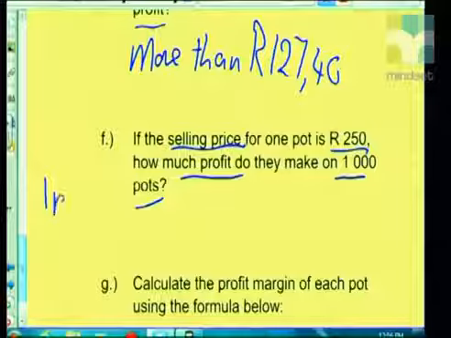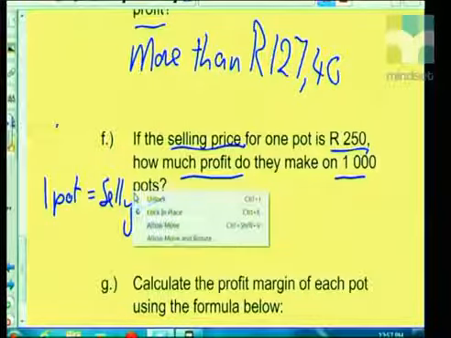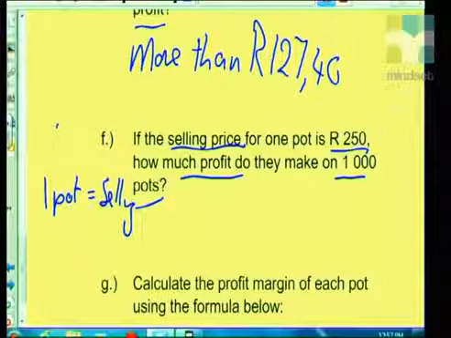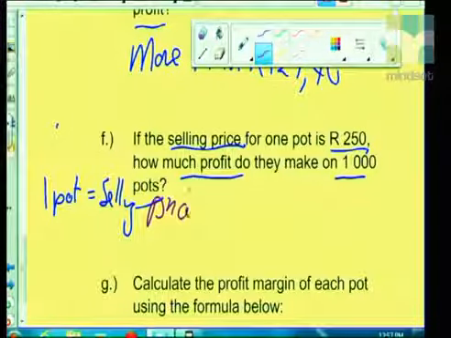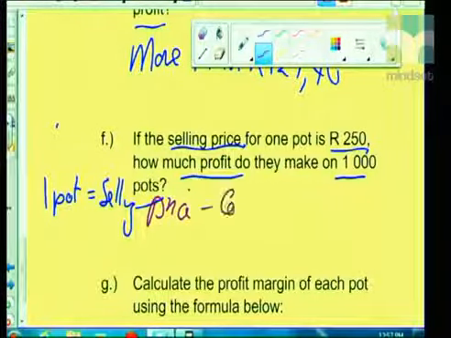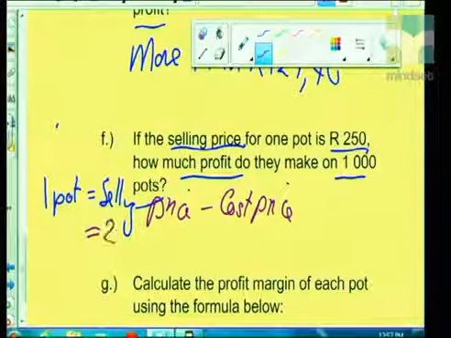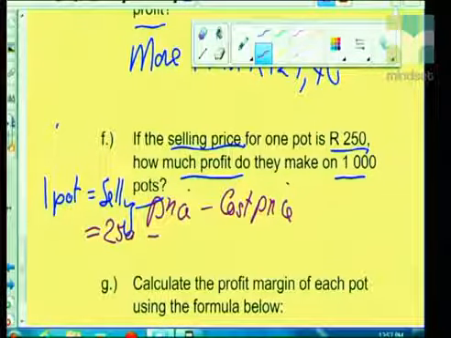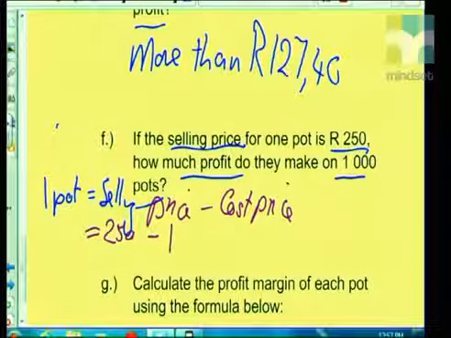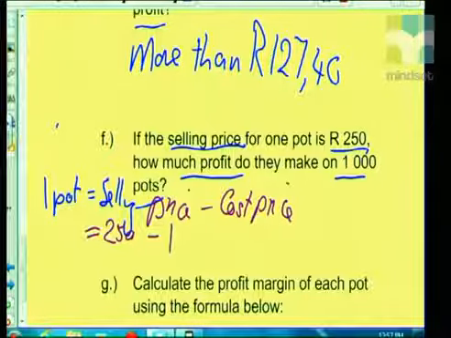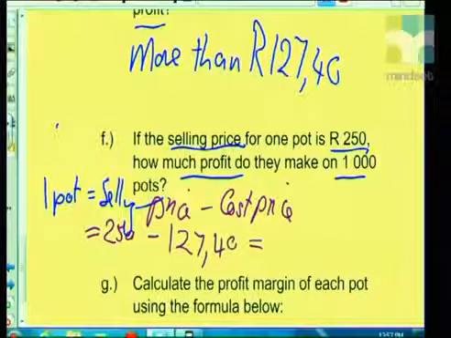So one pot, if we sell it, the selling price minus the cost price, and what are we going to say? That's 250 Rand minus 127 Rand and 40 cents. This will give me my profit. It's profit on one pot.